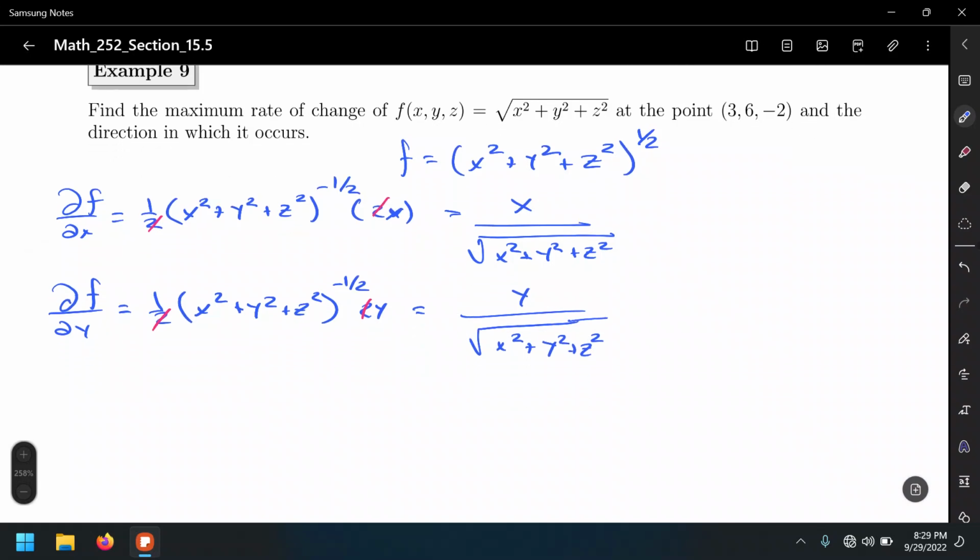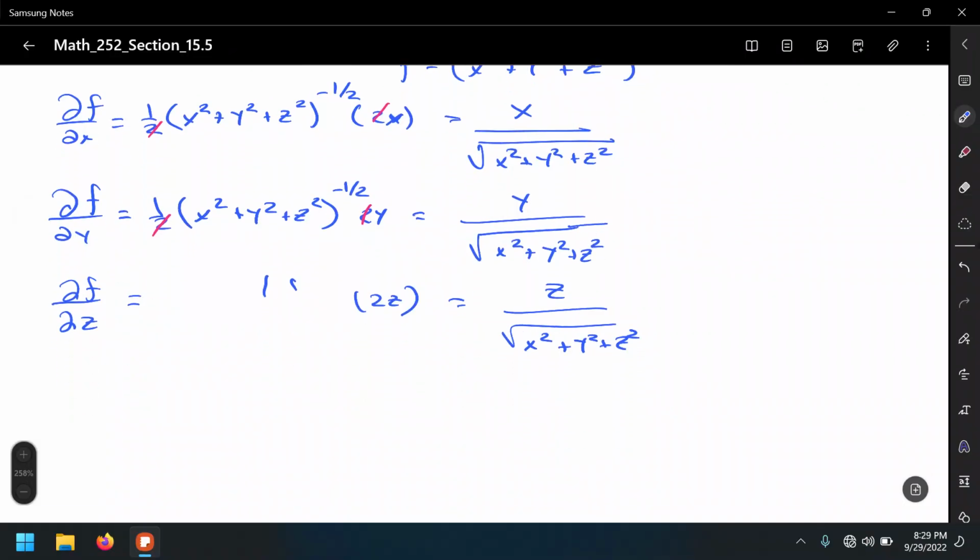Okay, do you notice the pattern here? How about I skip all the steps for the partial derivative with respect to z, and that's going to be simply z over the square root of x squared plus y squared plus z squared. So we got the three expressions, the three components of the gradient vector.